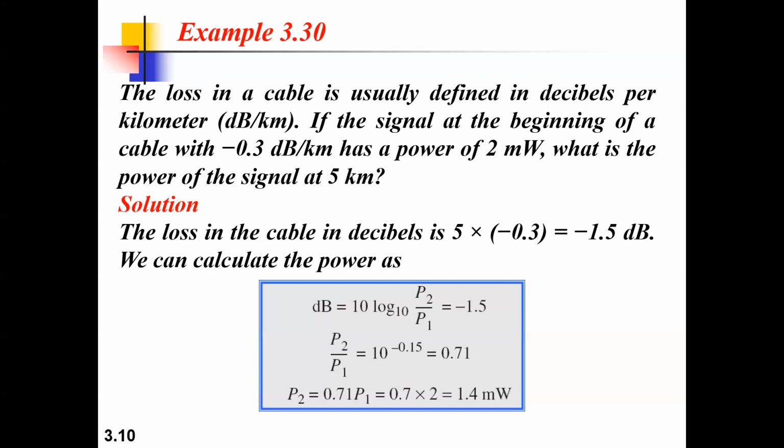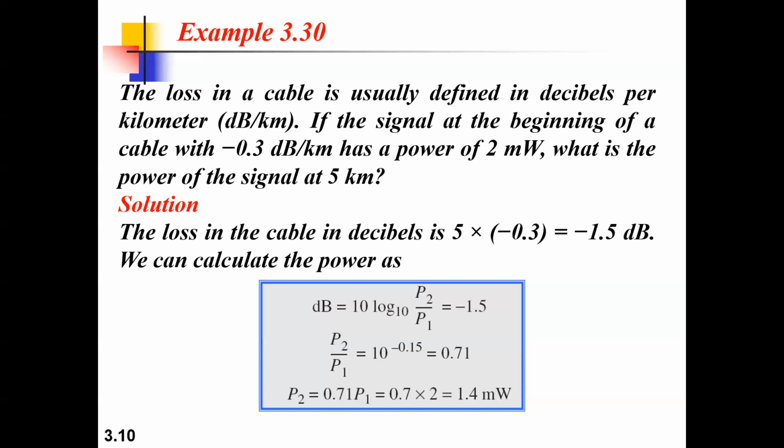In this case, we have to multiply by 5 because of 5 kilometers. Right? And the initial signal power is 2 milliwatts. You get the calculation.